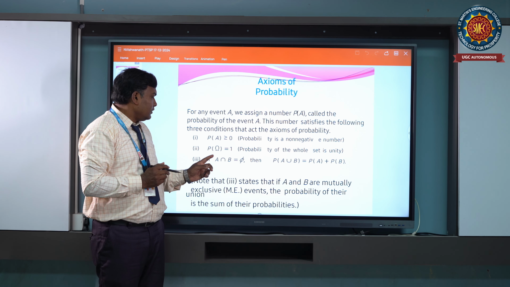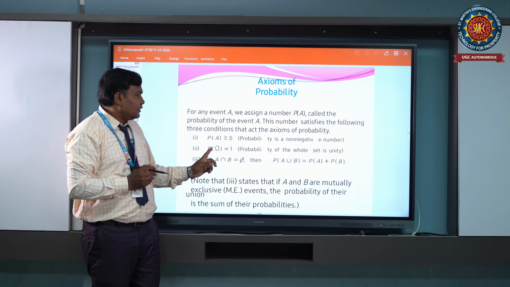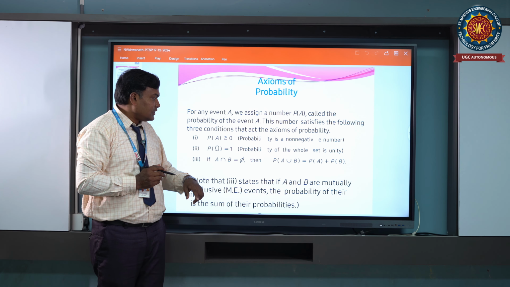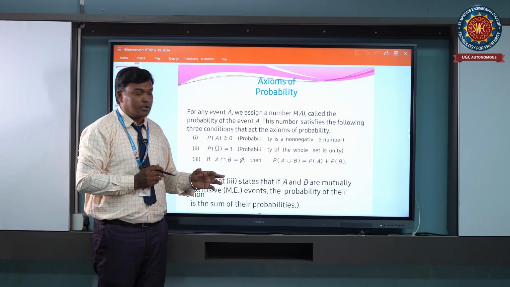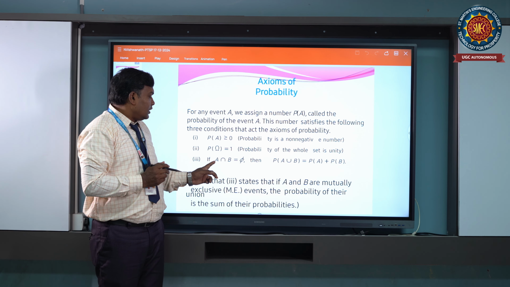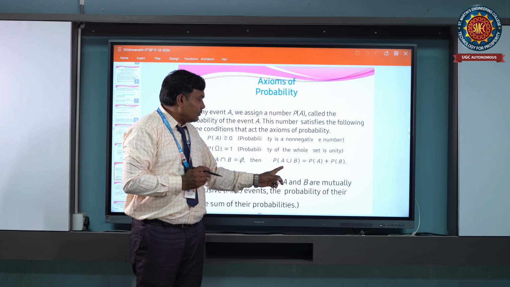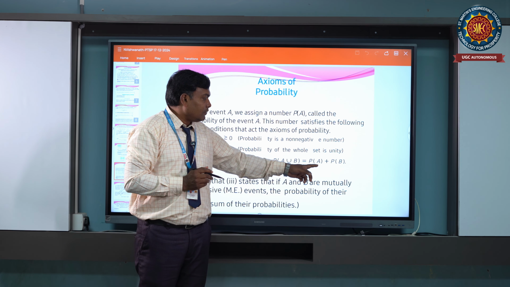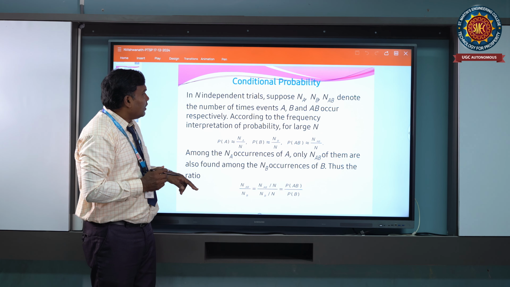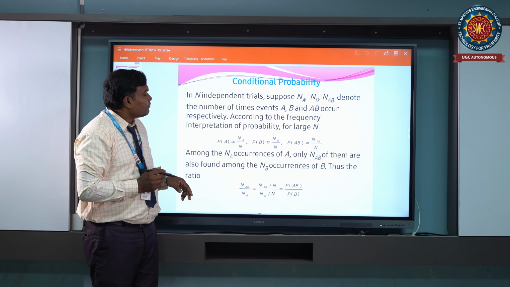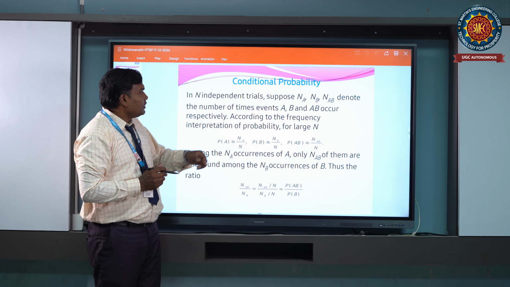The probability of the whole set is unity: if you sum the complete set, you get 1. If A intersection B is null, then probability of A union B is equal to probability of A plus probability of B. This is regarding the probability axioms.